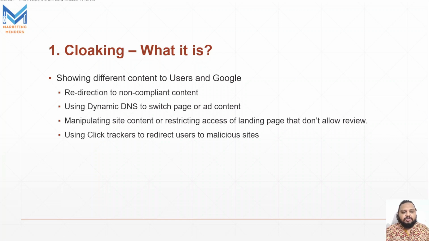Or fourth, using a click tracker to redirect users to a malicious site. There is some technology wherein we can set up click trackers on our website. The moment anyone comes to my website, immediately they will be routed to some other malicious website. All of this is done with a good understanding of coding languages and the technology stack, then only you will be able to do that.